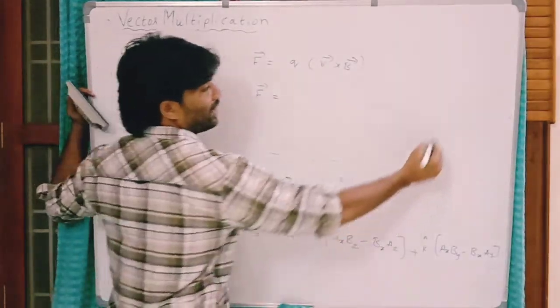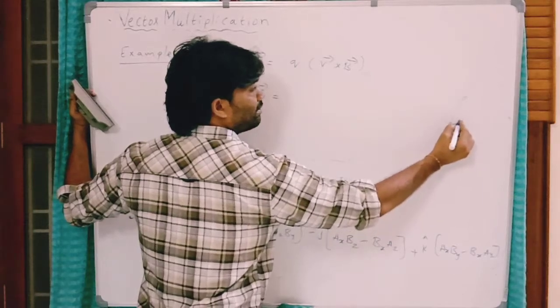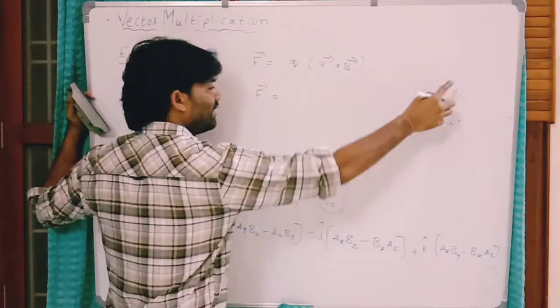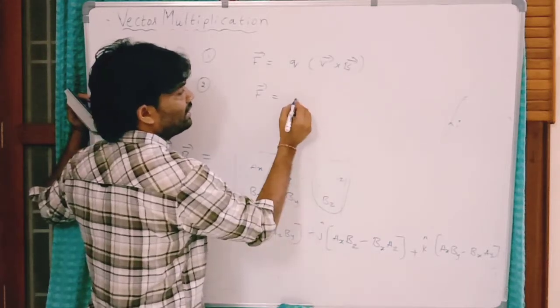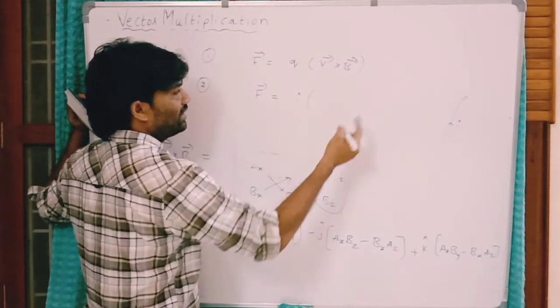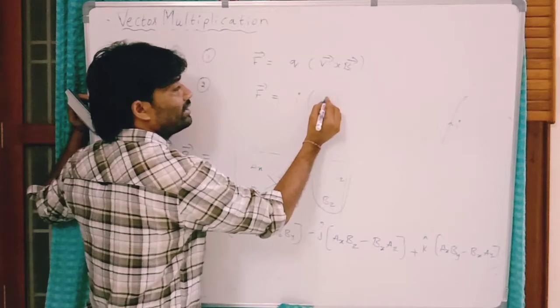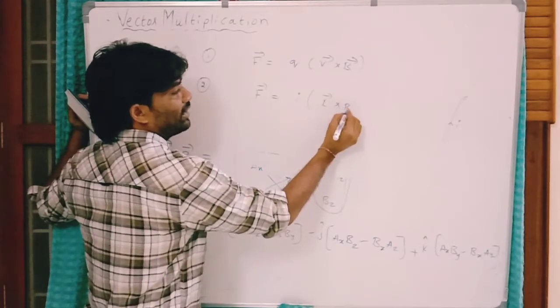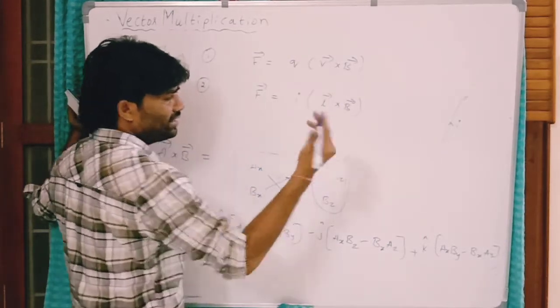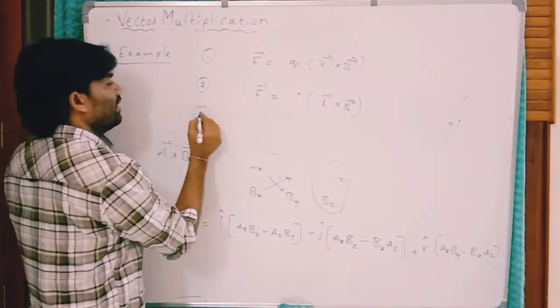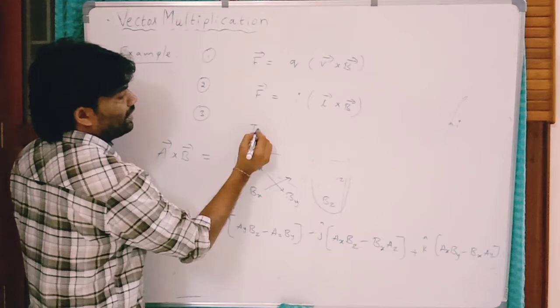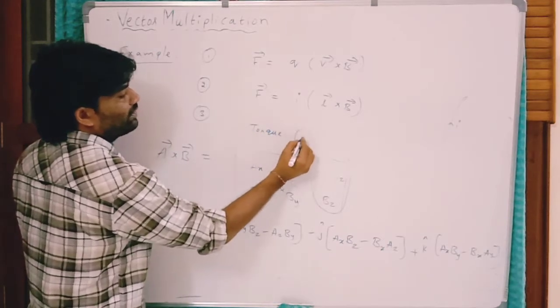Also the force on a current carrying conductor. If you have a conductor carrying current I placed inside the magnetic field, its length is L, making some angle with the direction of the field, then the force on that conductor is I of L cross B, and the magnitude is BIL sin theta. So this is also another equation. We also frequently use the formula for torque.